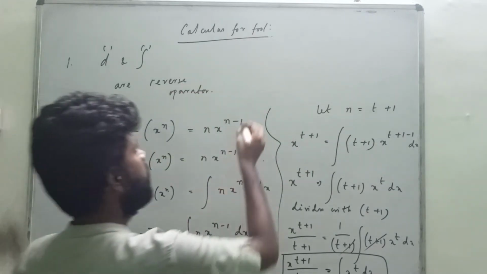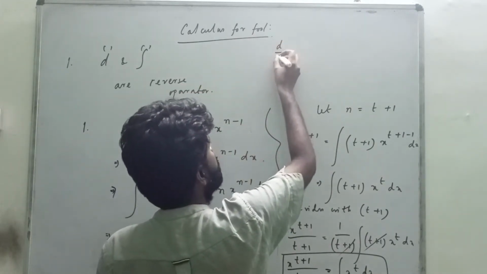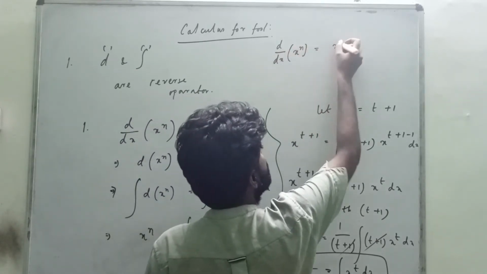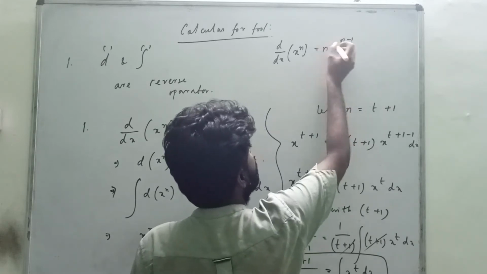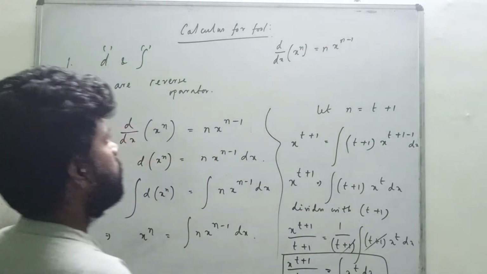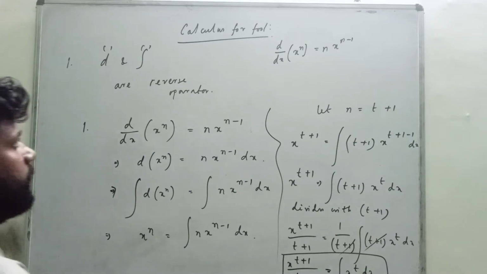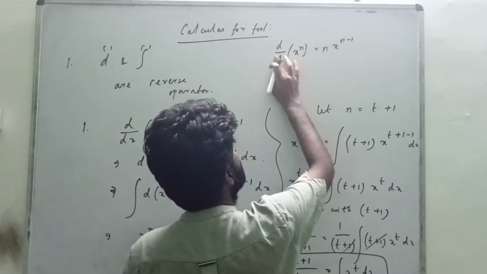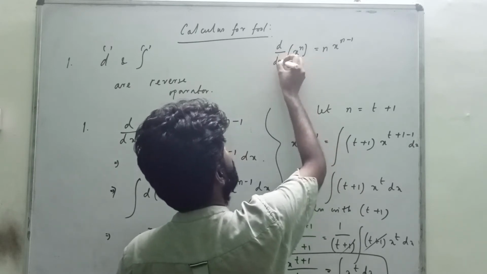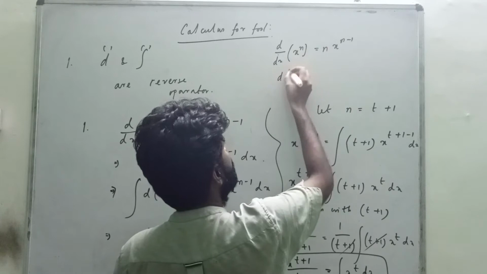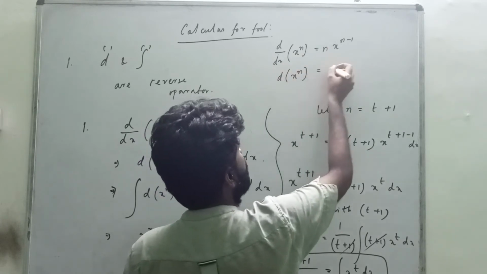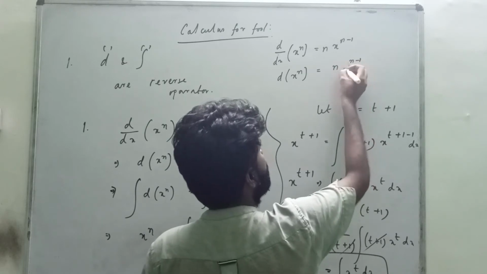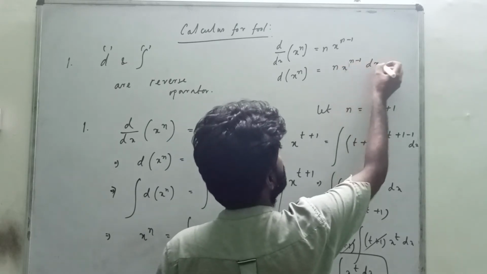That means if d/dx of x^n equals n x^(n-1), then cross multiplying with dx, d of x^n equals n x^(n-1) dx.